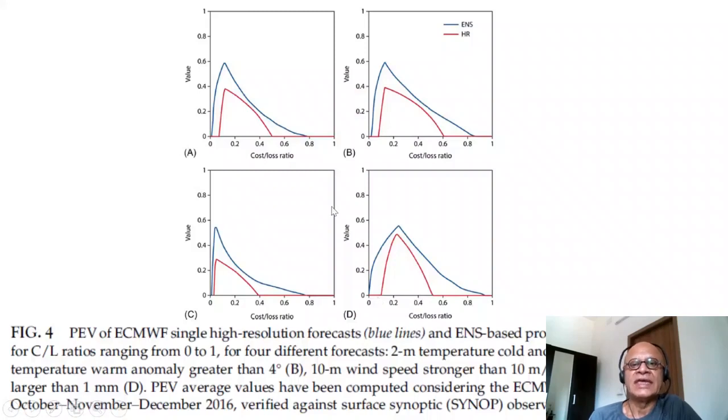So even in terms of applicability or use of the forecasts, the probabilistic information provided by ensembles have higher value.